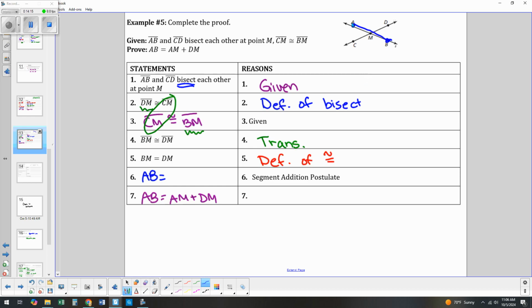The 2 pieces that make up AB are AM and BM. So my last step looks very similar to step 6. We still have an AB, we still have equals, we still have AM, we still have plus, but now the BM turned into a DM. We replaced the BM with the DM. So that means we used substitution.